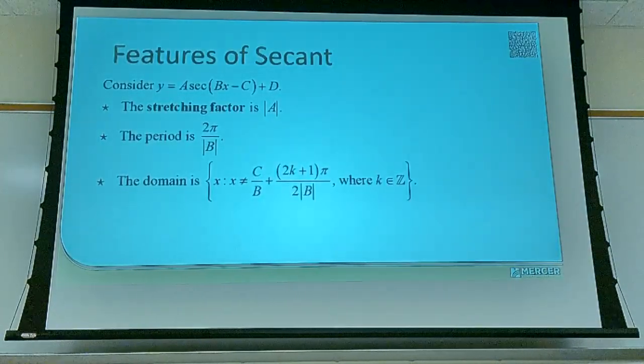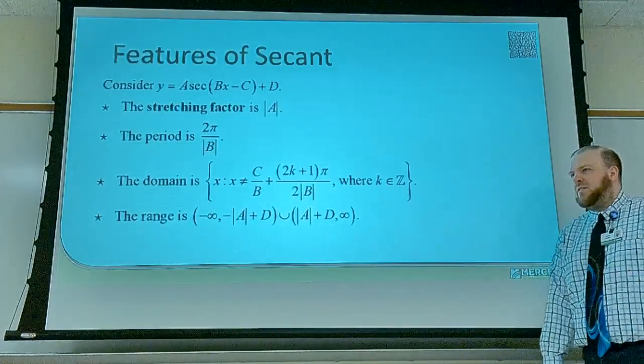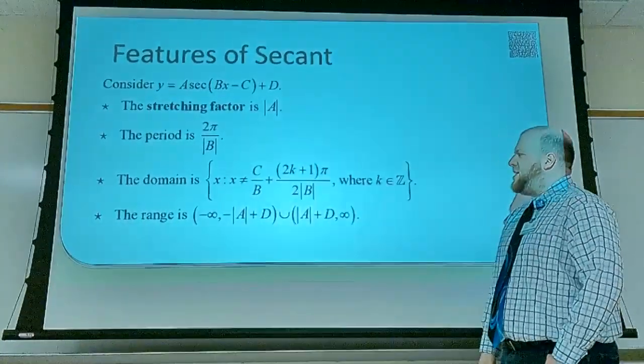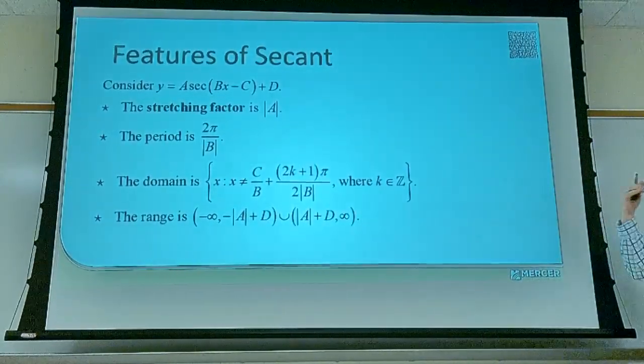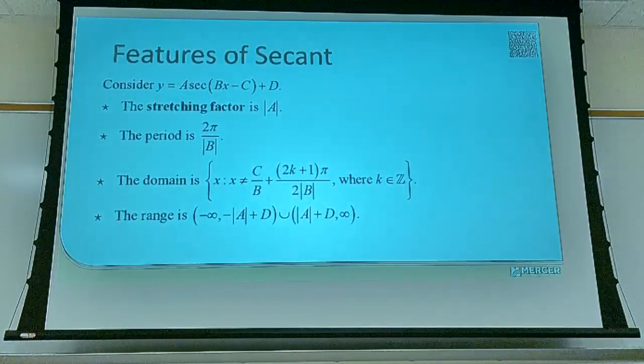So its domain is the same as tangent. Range, minus infinity to negative absolute value of A plus D, union with absolute value of A plus D to infinity. That accounts for all the translations.